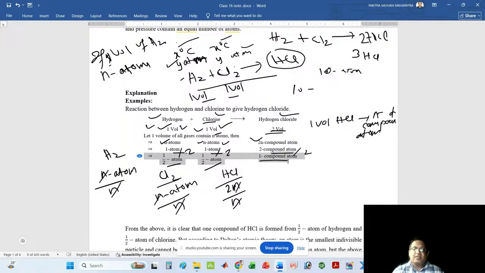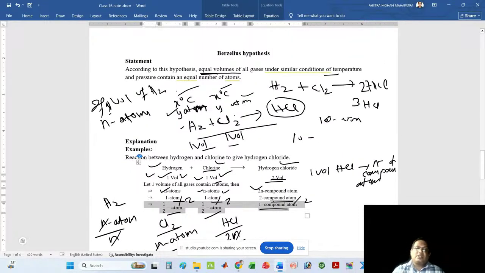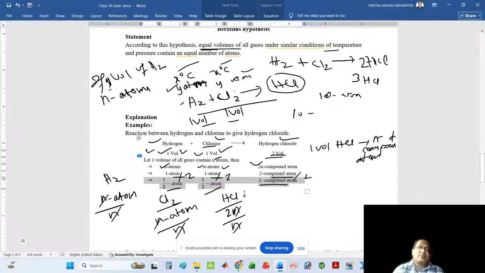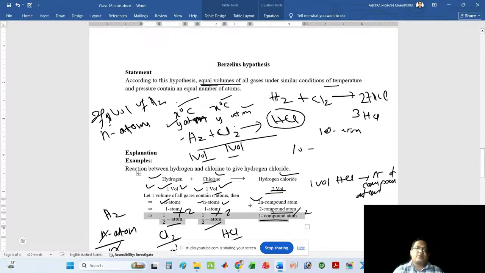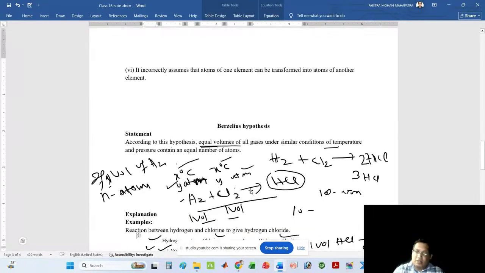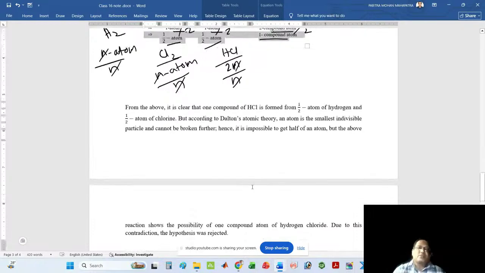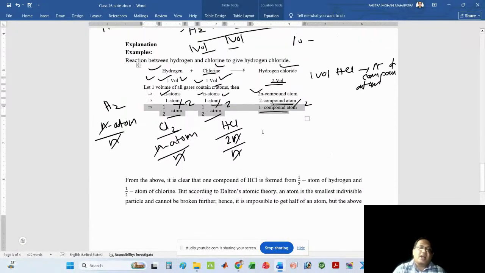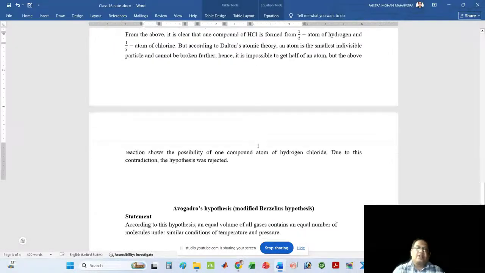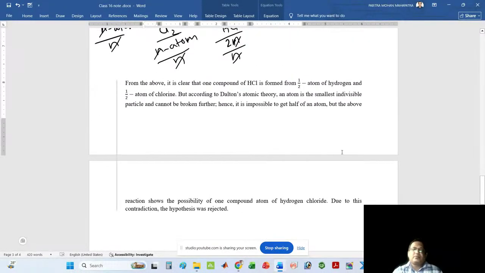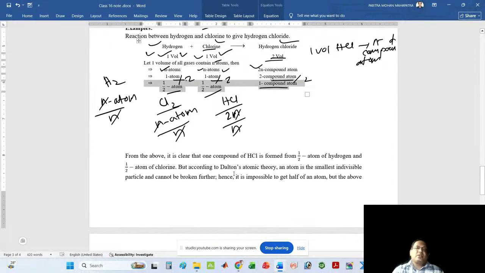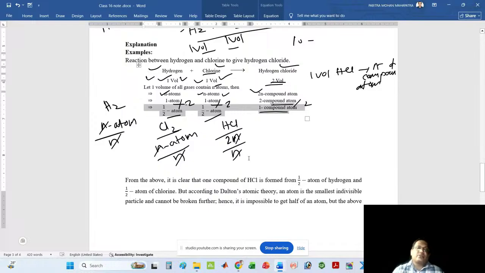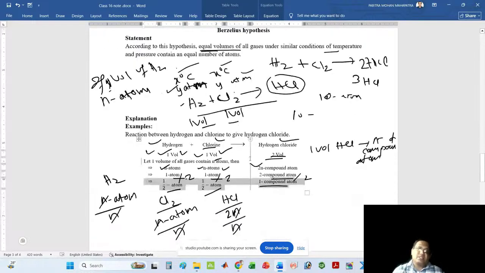Here, the Berzelius hypothesis implies the atom can be broken down, but Dalton's atomic theory says an atom is an extremely small particle that cannot be broken down. Both concepts conflict with each other. So, if we give priority to Dalton's atomic theory, then the Berzelius hypothesis is rejected.